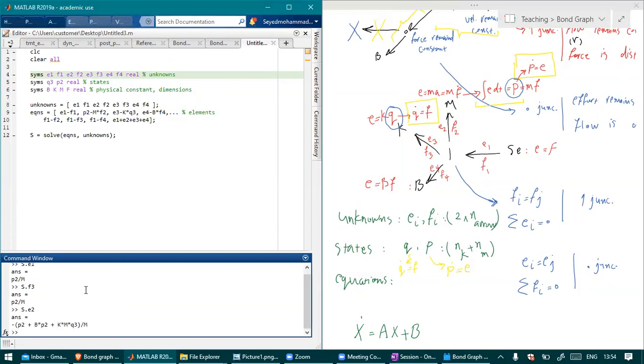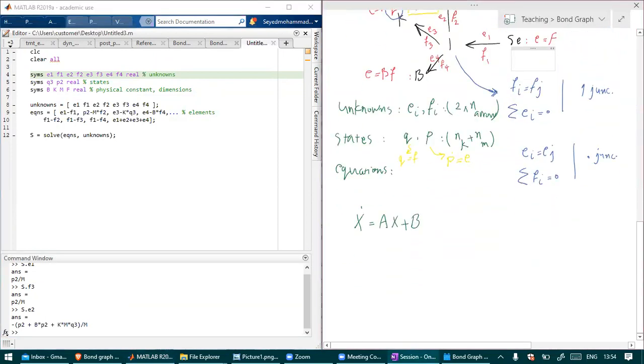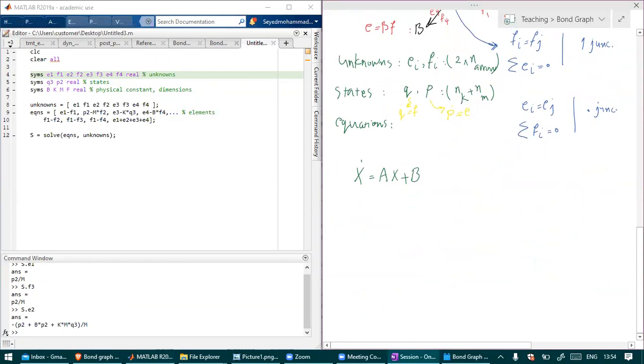And that's the system equation of motion.